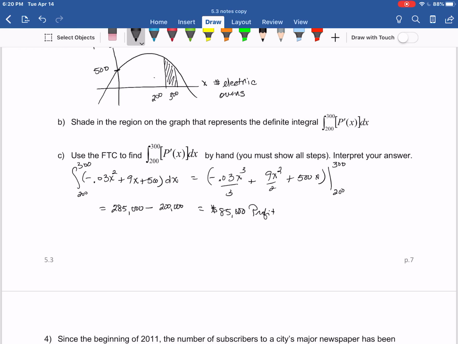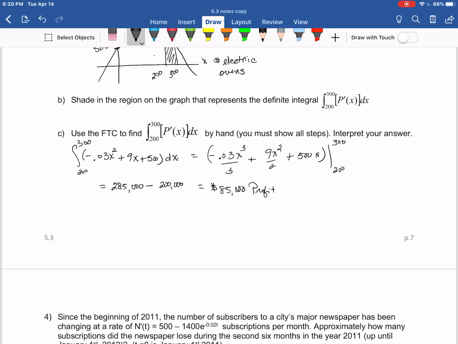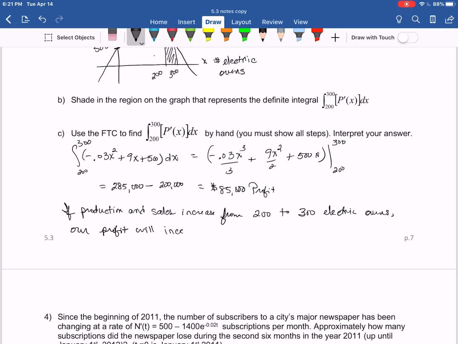Okay, so the way you're going to interpret your answer is to say something like, if production and sales increase from 200 to 300, our profit will increase, because it's positive, by $85,000.